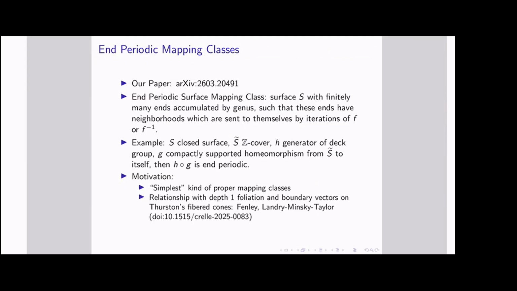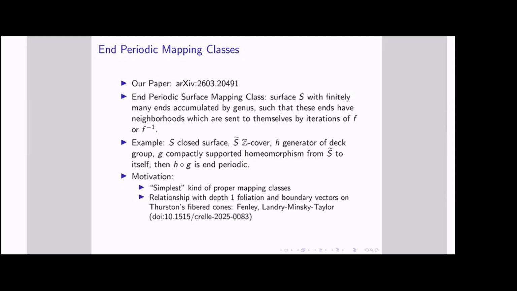The idea is that we are considering a different family of mapping class group, so a different object from the usual mapping class groups. We know that we have the usual mapping class groups.